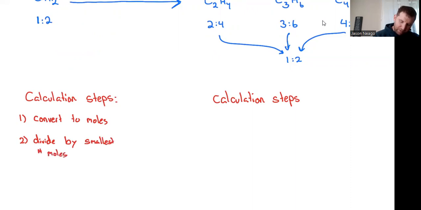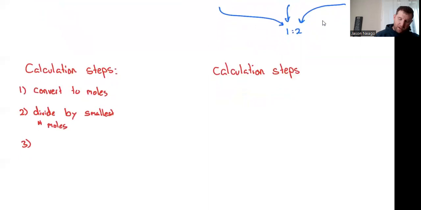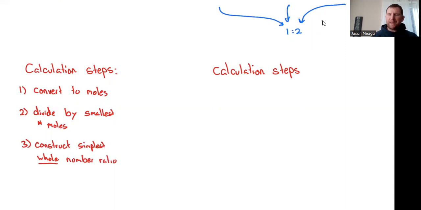And in step number 3, I'm going to construct the simplest whole number ratio, and that's key right here, whole number ratio. When we write our empirical formulas, we can't have any fractions and we can't have any decimal points.